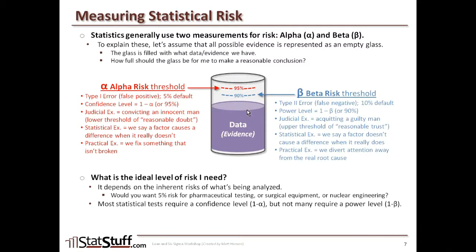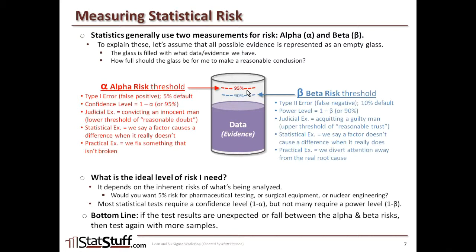It's bad because you have a whole lot of data. You went past the point of reasonable trust, so you have a lot of data that could convict this person. Maybe they're really guilty after all. But if they're not, and if it's not enough data or evidence to go above the 95%, then that means we don't have enough data to really prove for certainty, at least with the level of risk that we want. It's not enough for certainty that this is really the root cause.